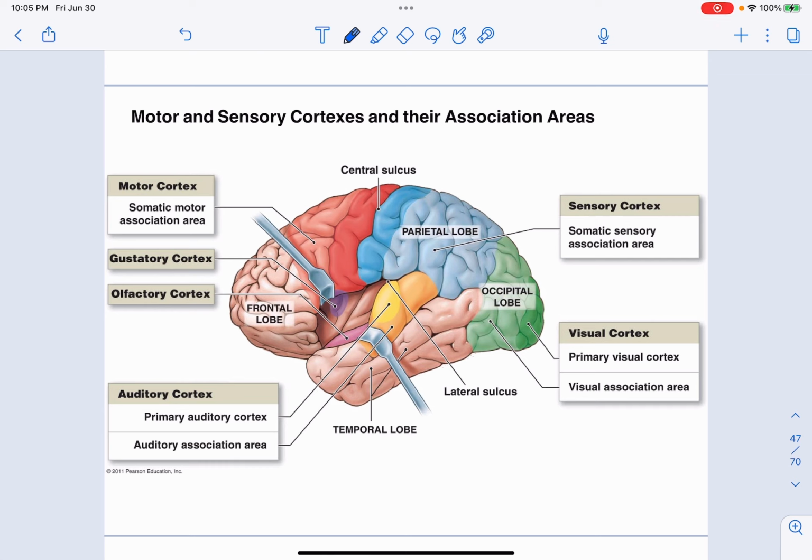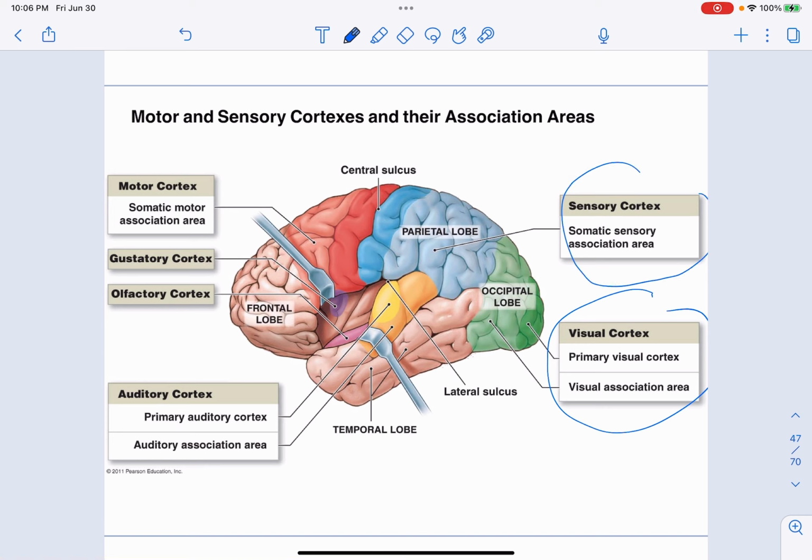You have different parts of the cortex, the gray matter, that are aggregated into motor and sensory functions. What's shown here in the different colors are the different cortexes. The occipital lobe is green, and you have the visual cortex here, right? And then in blue, in the parietal lobe, it's largely a sensory cortex.